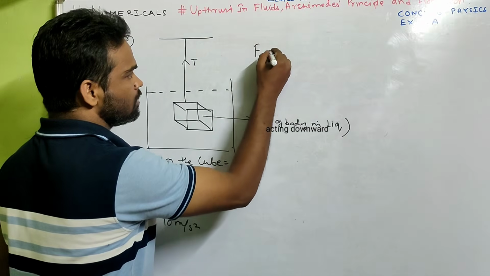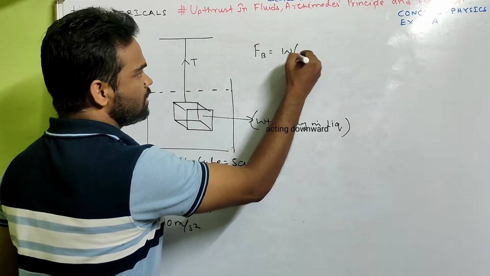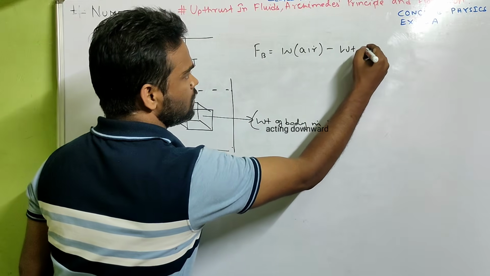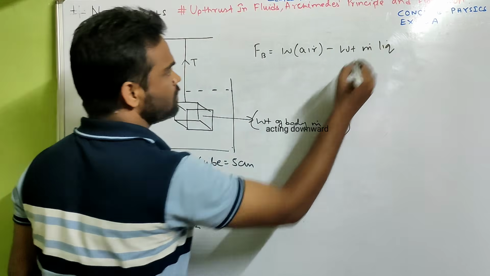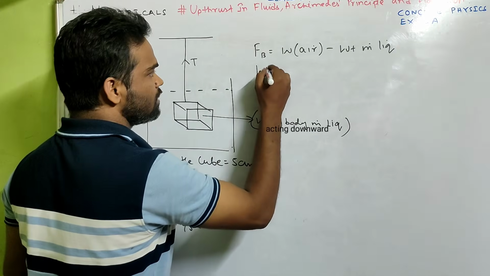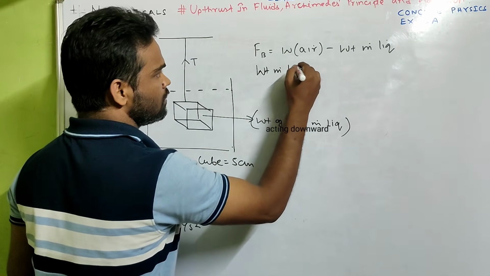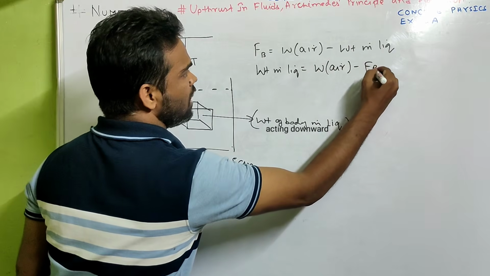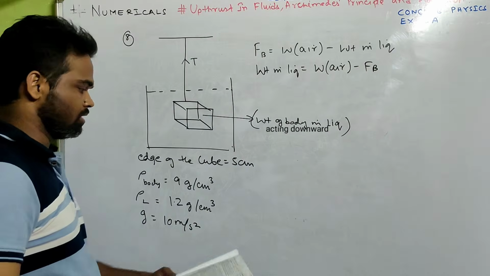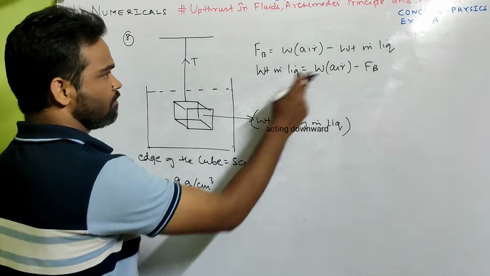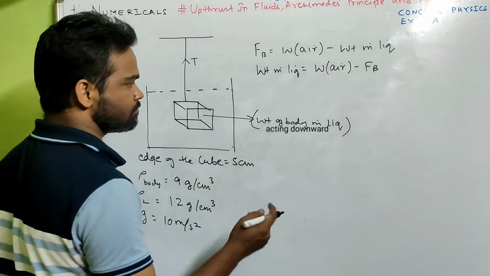Upthrust is equal to weight in air minus weight in liquid, isn't it? Loss in weight, which means weight in the liquid is weight in air minus upthrust. Am I clear or not? Done? Sure. First, find upthrust.